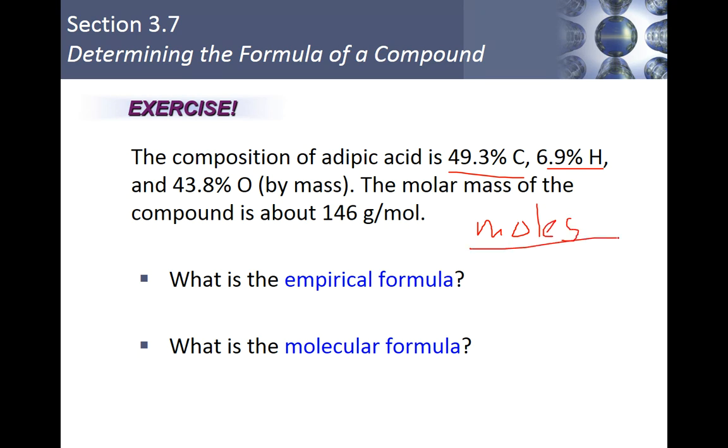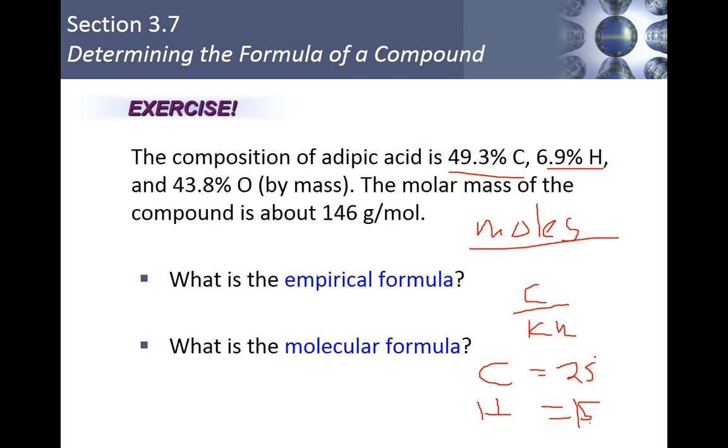And then now that you have moles, you would use the smallest number of moles that was produced, and you're going to divide all three of these by the smallest number. So you're going to have the carbon divided by whatever the least common moles was. And you're going to do that for all of them, which is going to produce a ratio. So it should produce a ratio like carbon, I think, is going to be equal to 2.5, and then your hydrogen is going to be equal to, I think it's 1.5, and so forth.